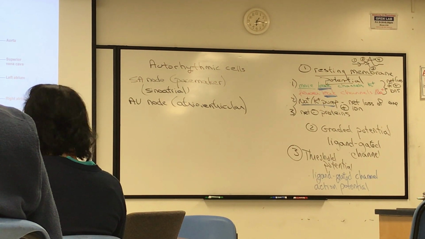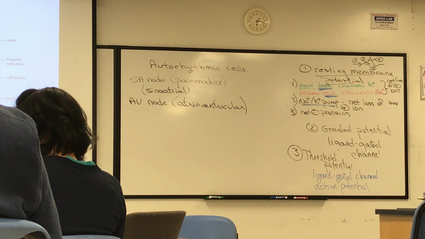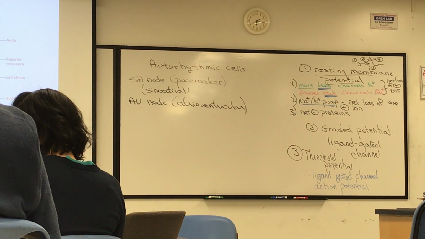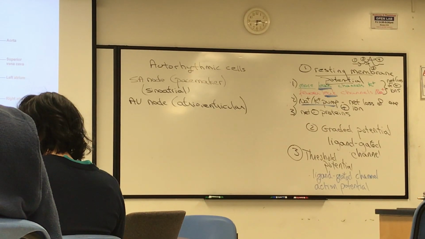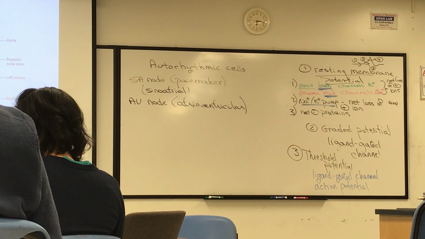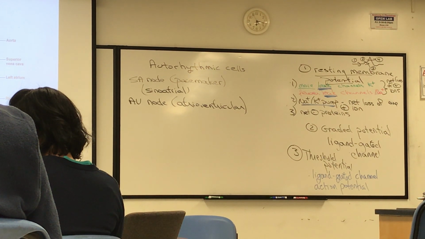Do you remember a type of junction that creates a communicating gap between cells? Good, gap junction. So one of the types of junctions that connect muscle cell to muscle cell are gap junctions. And so that current flows from cell to cell, triggering each subsequent cell to contract.